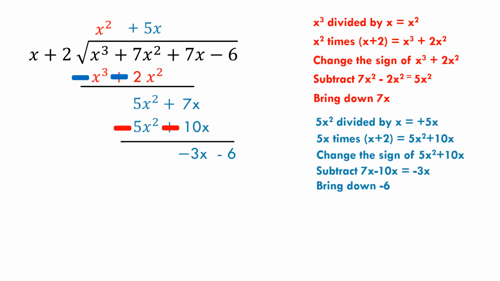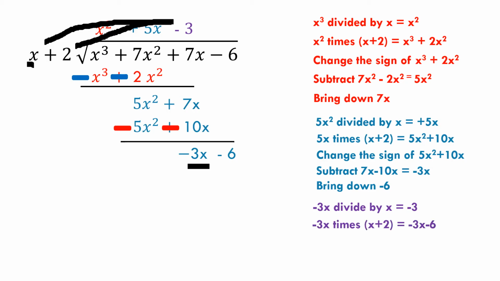Okay, so our next step, negative 3x, divide that by x. So we get negative 3. Then next, negative 3, multiply to x plus 2. So we'll have negative 3x minus 6. Next is for you to proceed to subtraction.